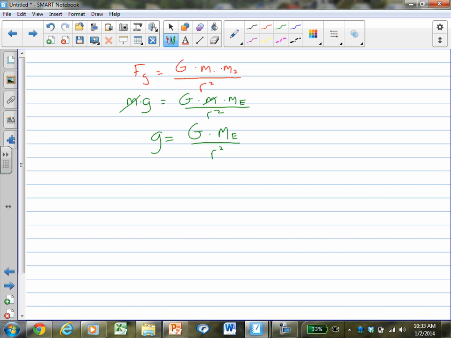Now, you could use this for other planets, so it doesn't have to be the Earth, but we could write this in general for little g for any planet based on the radius of the planet.